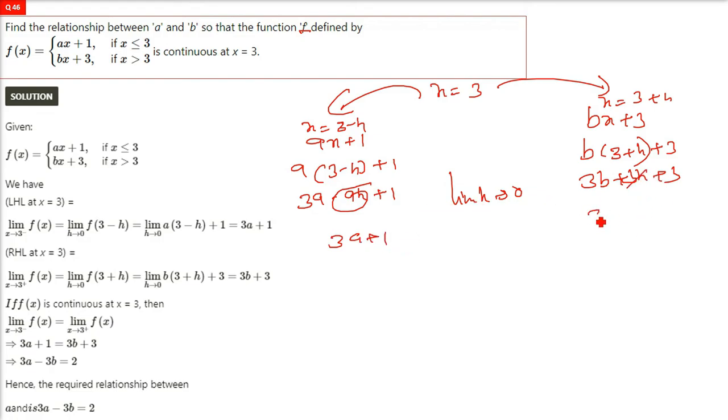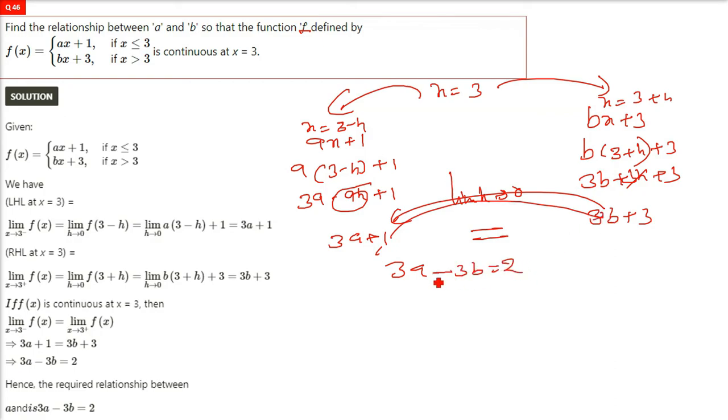Here also h becomes 0, giving 3b plus 3. They have to be equal if it is continuous at x equals 3. So here you will get a relationship. Taking 3b to the left hand side, 3 minus 1 is 2, so 3a minus 3b is equal to 2. So you have a minus b equals 2 by 3. This is the relationship between these two.